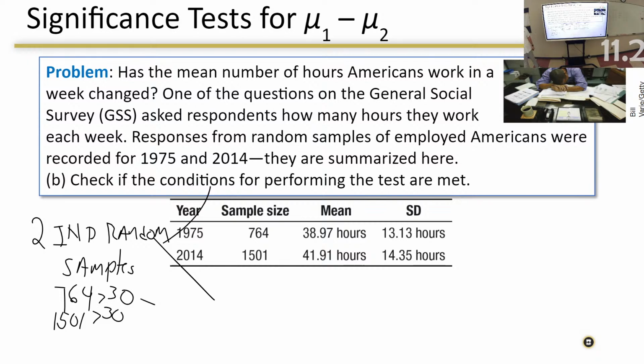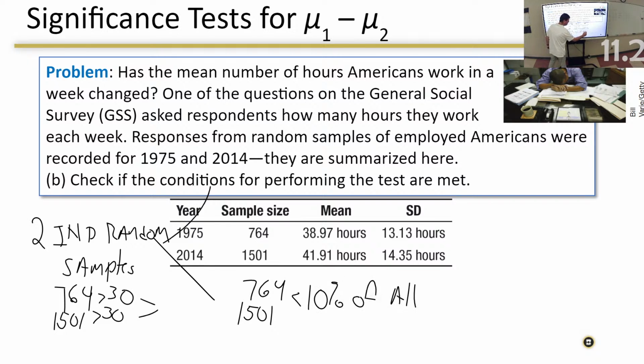Either way, however you want to say that. Both are approximately normal, or both large counts are met. And then what else do I need? Oh, I guess 764 and 1501 are less than 10% of all workers in 1975 and 2014. Sorry for that being way low in the back, Matt. I know it's tough to see that.